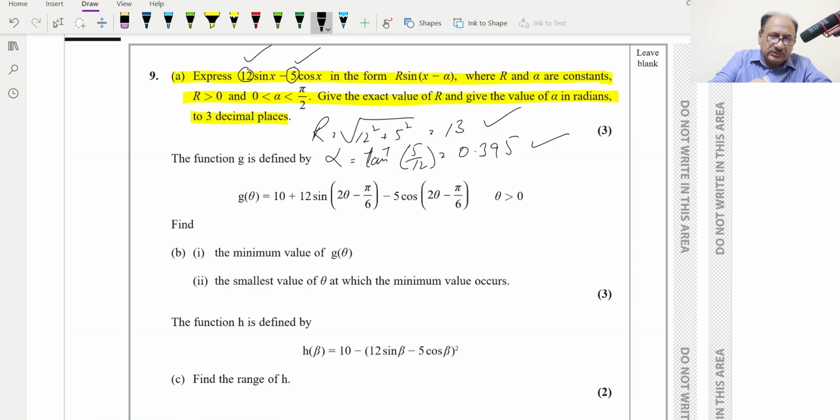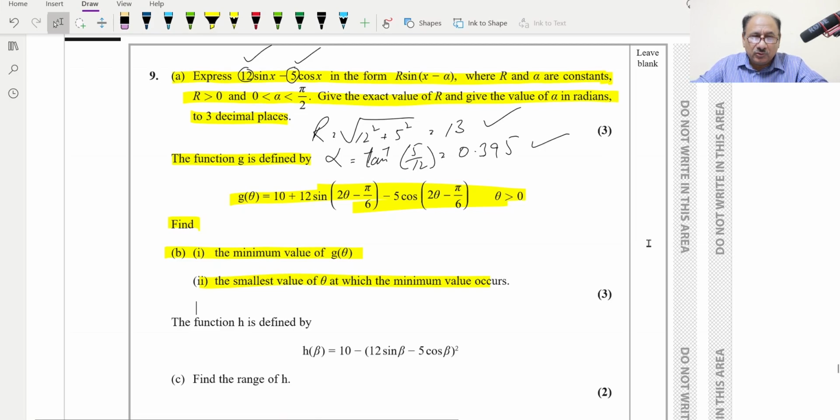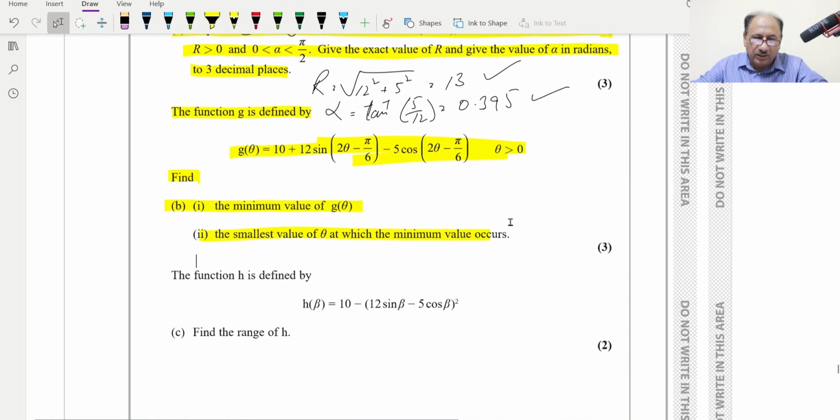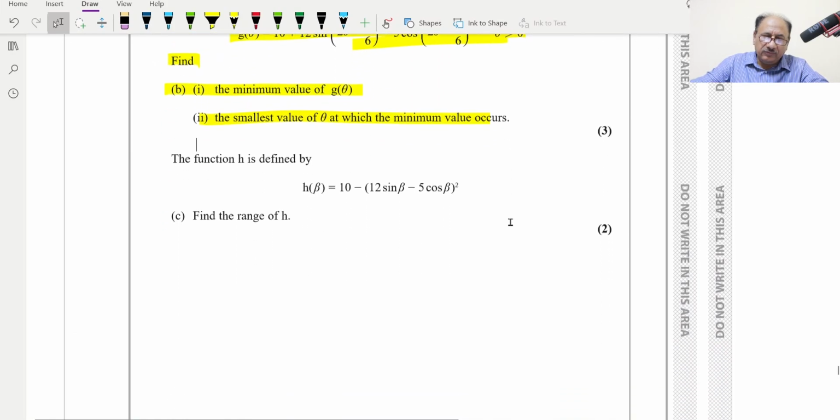And then they are saying the function g is defined by this one, and part b is to find the minimum value of g, and the smallest value of theta at which the minimum value occurs. For b1, for the minimum value we will take the given equation.